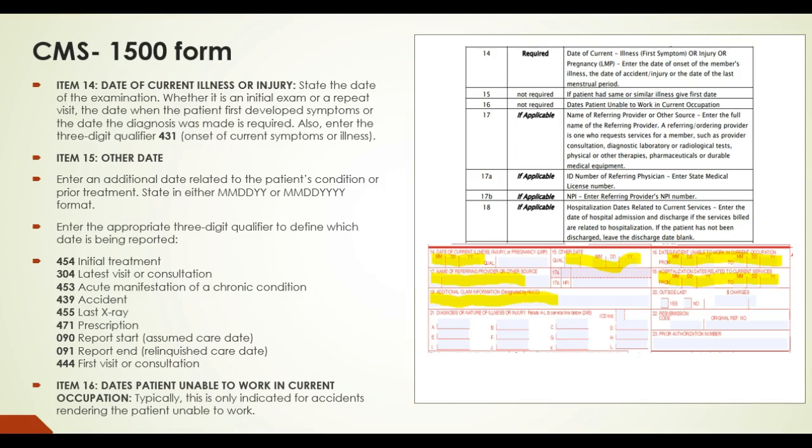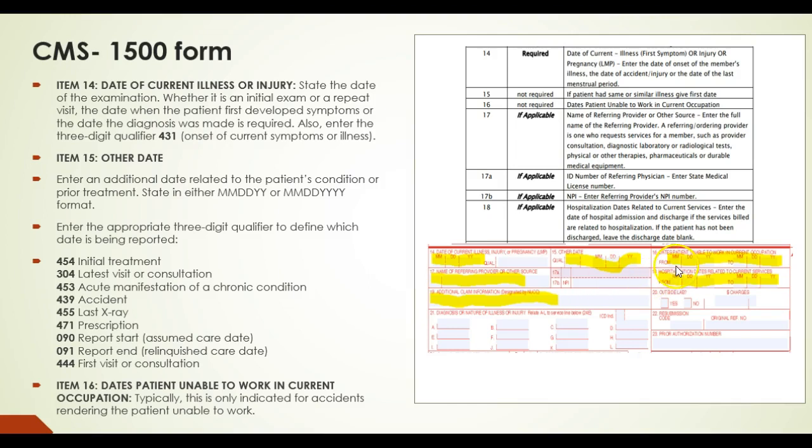And if it's filed electronically, the degrees should not be on there, but if it's manual, you would put MD. Okay, so 17A and 17B is right here. That's the ID number for the provider, if applicable.